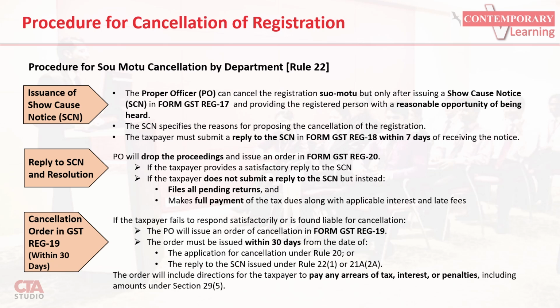The order must be issued within 30 days from the date of the application for cancellation under Rule 20 or the reply to the SCN issued under Rule 22(1) or 21A(2A). The order will include directions for the taxpayer to pay any arrears of tax, interest or penalties, including amounts under Section 29(5).